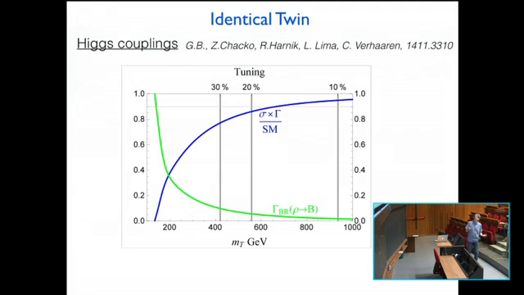So it is possible to imagine that the identical twin Higgs may still be around as not that fine-tuned, even at the end of the high luminosity LHC, which is of course terrible. But this is the nature of this model, right?